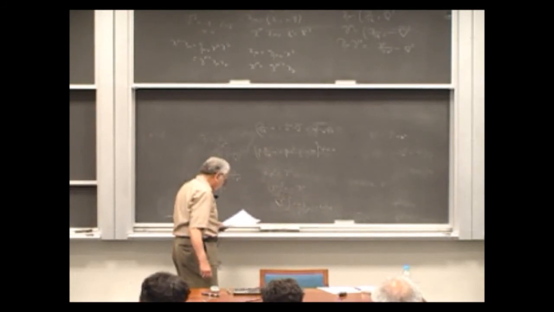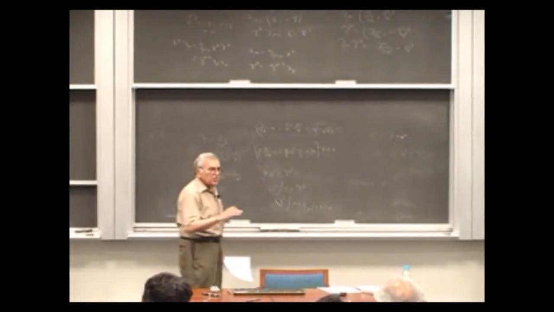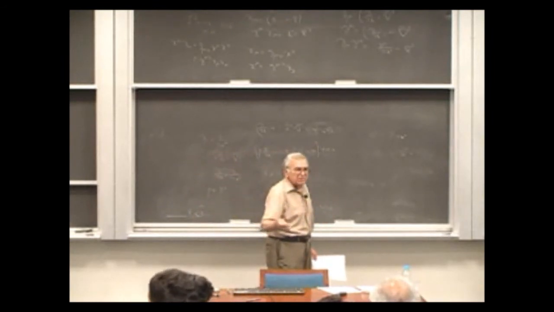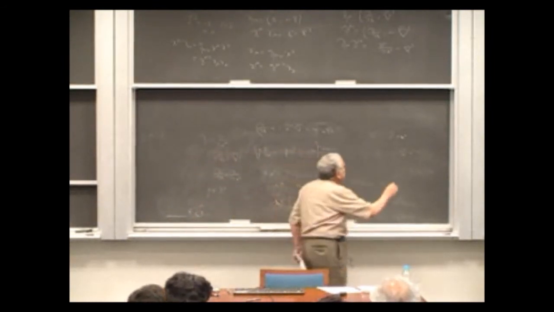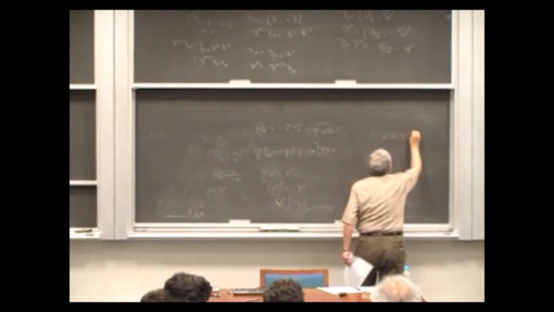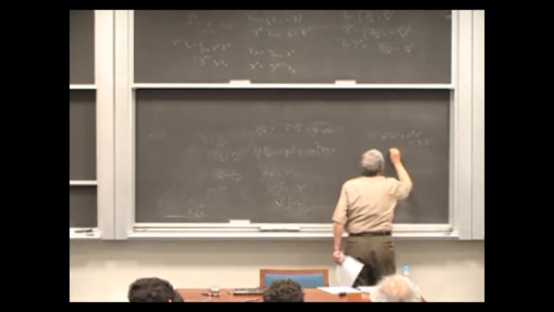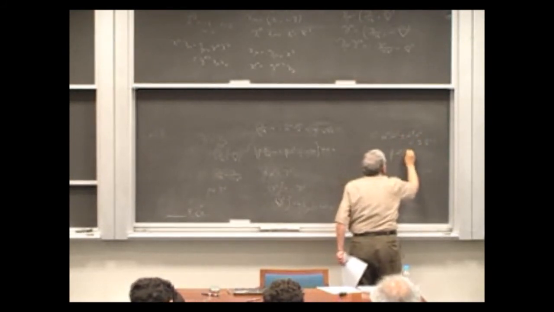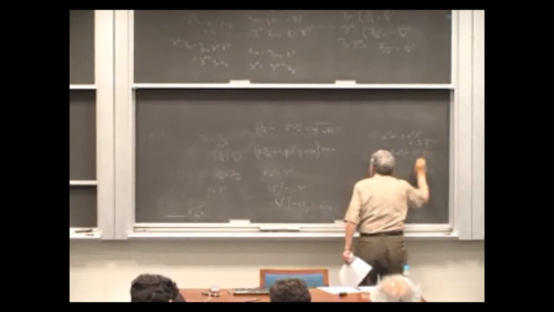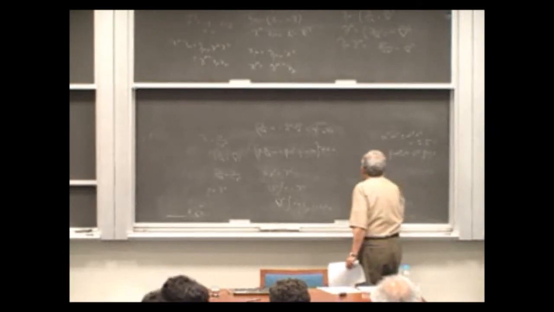Okay, so then you see the relations which I wrote down before, the relationship between alpha I, alpha J, alpha J, alpha I, and these equations. Now they can be put in the compact form.